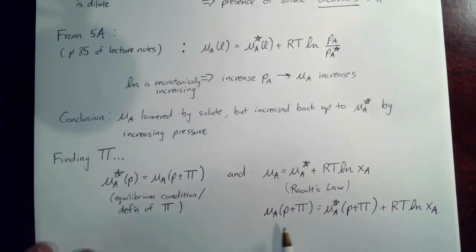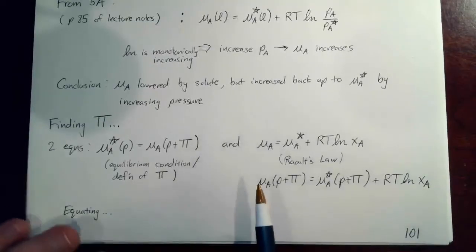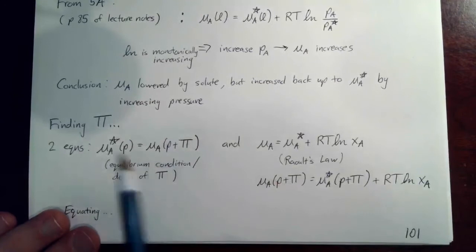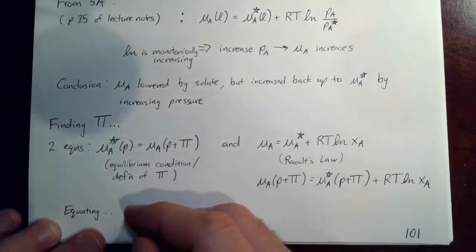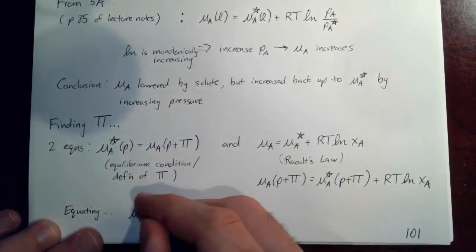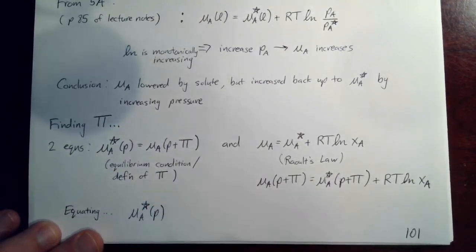Now I'm going to take this formula for μA at P plus π, and plug it in up here. So effectively I'm equating these two equations. The left-hand side here is equal to the right-hand side here. So μA star at a pressure P is equal to the right-hand side over here.